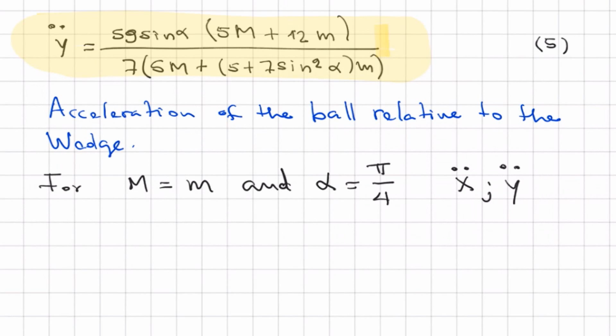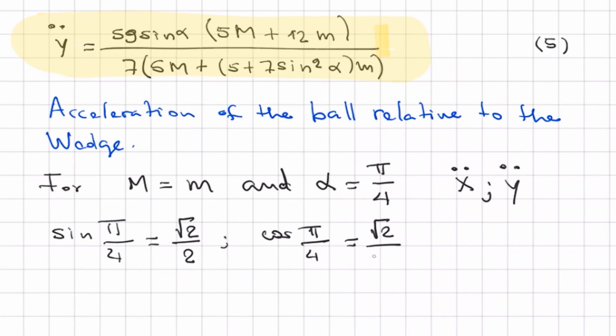We already know that we will use these trigonometric expressions, okay? We already know that sine of pi quarters is equal to square root of 2 dividing 2. We know that cosine of pi quarters is equal to square root of 2 dividing 2.